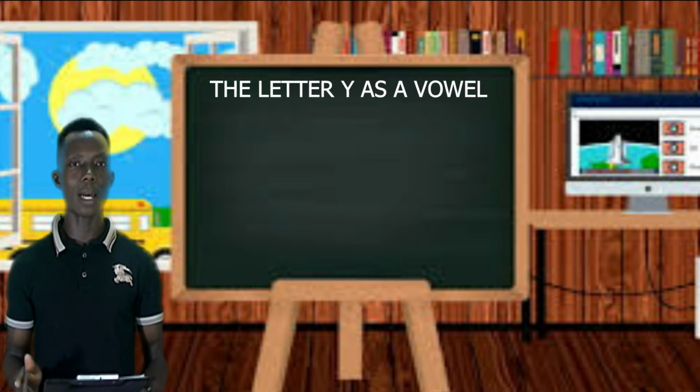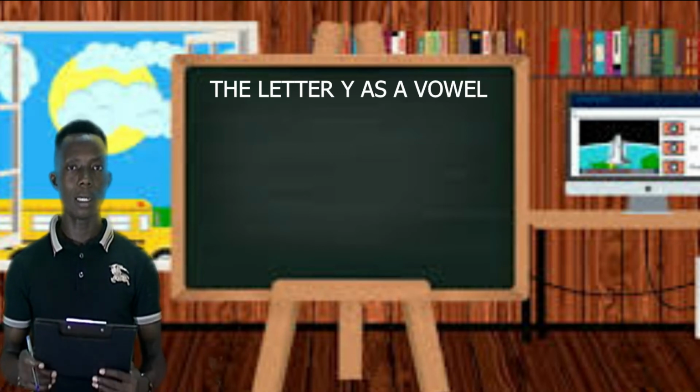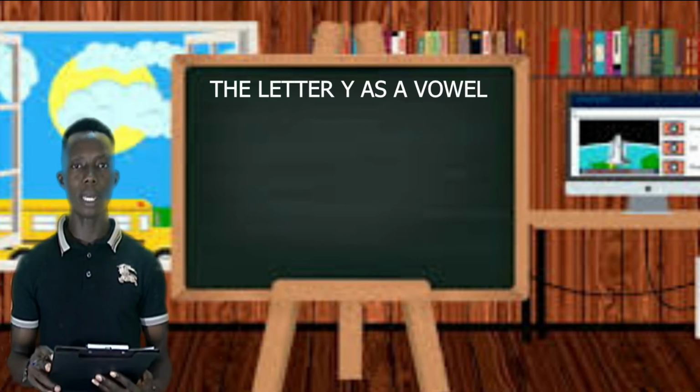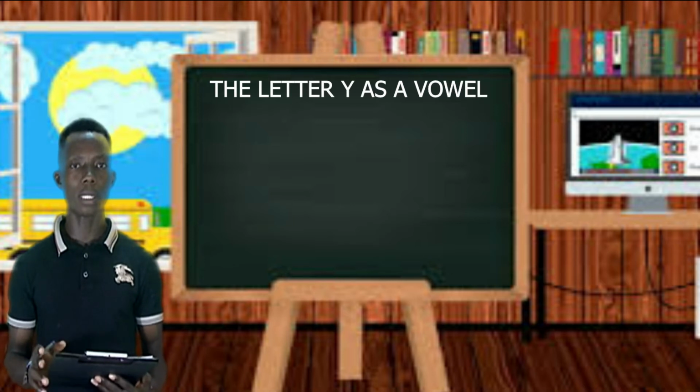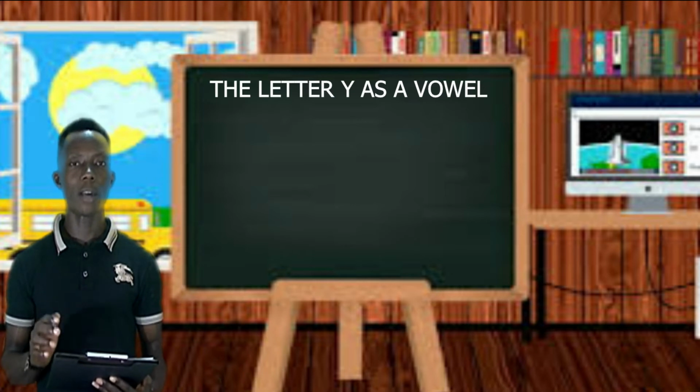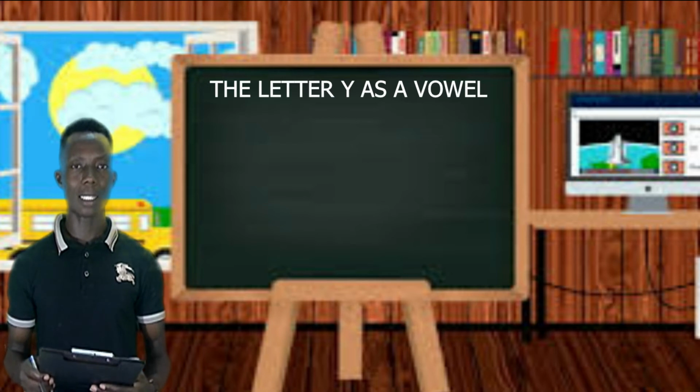That is why there are words that don't have a vowel letter in them, but yet we can pronounce them. And I'm sure in those words the letter Y is present. This is the reason why we don't have a vowel letter, but yet we can pronounce that word.